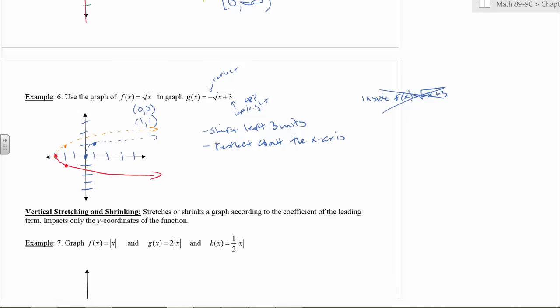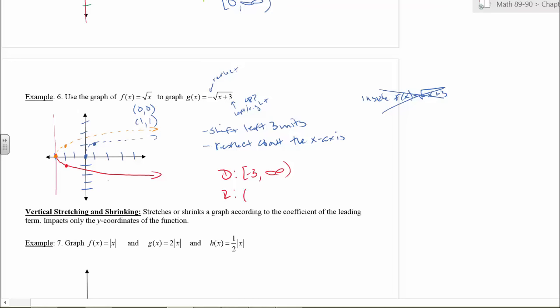And I guess a good question would be, what's the domain, what's the range? So the domain here, well, this graph has an endpoint. Do you see that right there? So it starts at negative 3, but then it goes to positive infinity as far as the x values are concerned, the x-axis. Now the range for this one, you have to start at the bottom.